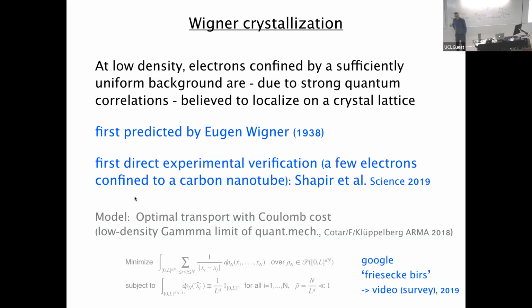And there you basically minimize Coulomb repulsion, but over N-point probability measures, subject to a given one-point marginal, which is uniform. So that's kind of the model. You have an N-point probability measure, not just the density. The density is really boring. It's uniform, but the N-point probability measure is interesting because that contains the correlations.